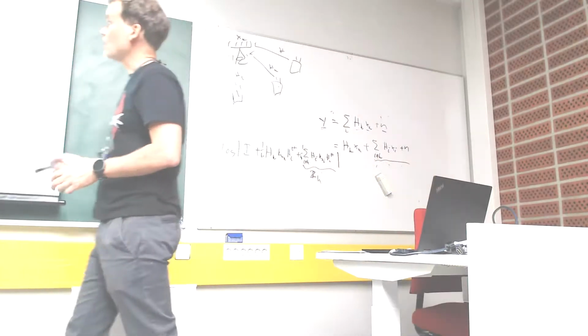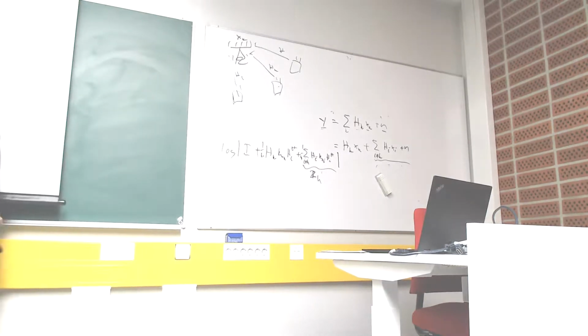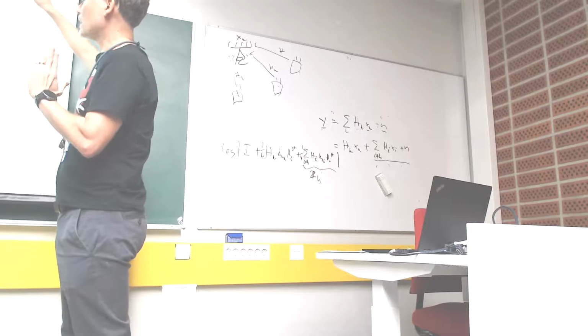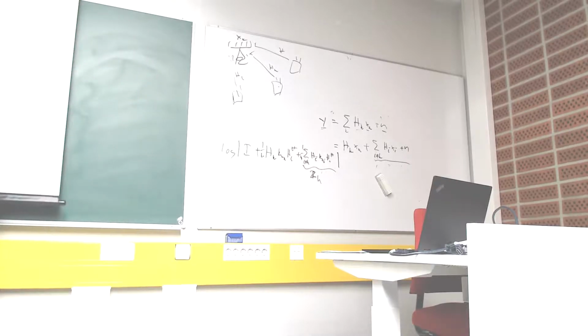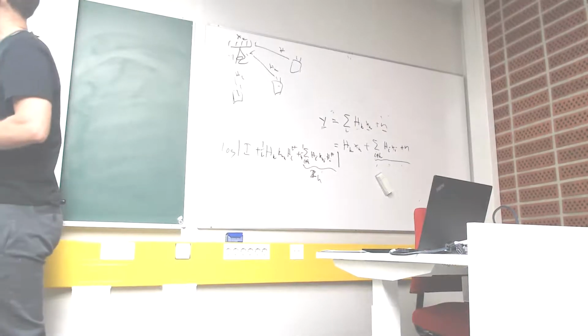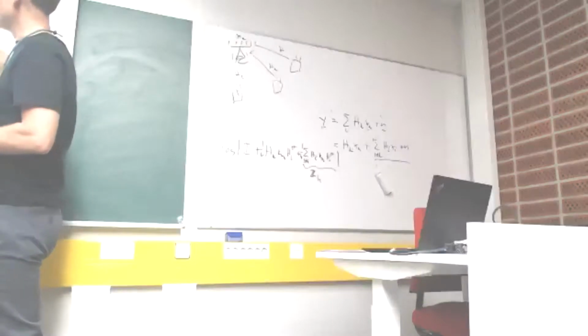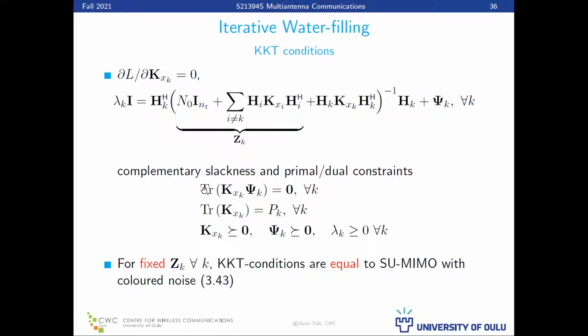So now when you compute the Lagrangian and differentiate, this is one of the KKT conditions, that the gradient of the Lagrangian with respect to the primal variable, which is the KXK, should vanish at the optimal solution. So when you differentiate the Lagrangian function with respect to matrix KXK, you get this expression. Then we have these additional KKT conditions.